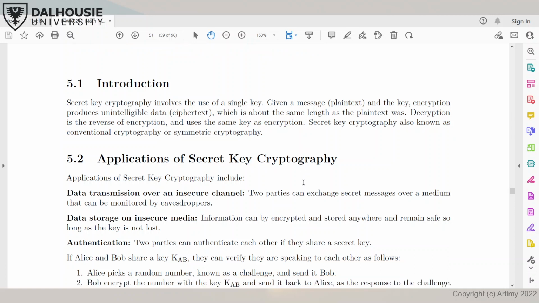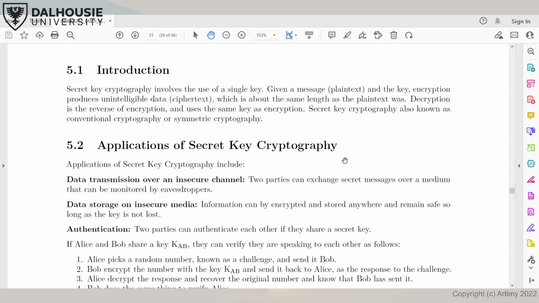Secret key cryptography has been around for millennia, for decades, centuries, and it is the conventional way to apply cryptography. And it's known by many names: secret key cryptography, or symmetric cryptography, or private key cryptography, or conventional cryptography, all of these are similar names.